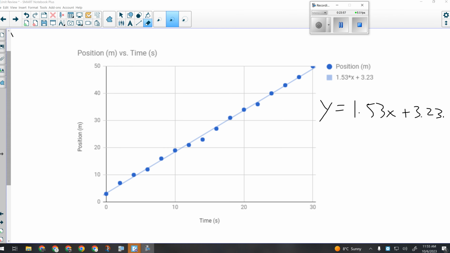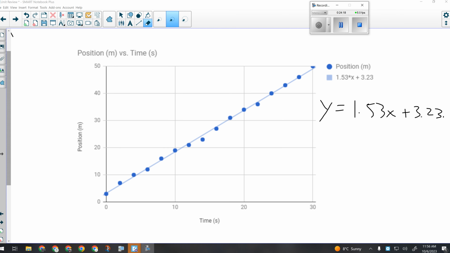I told you 1 minute, so you'd replace x with 60 seconds and solve for y. Similarly, I could ask you how long it might take to reach a position of 100 meters. In which case you would manipulate for x, plug in 100 meters for y, and solve. Exactly the same things you were asked to do in your lab.